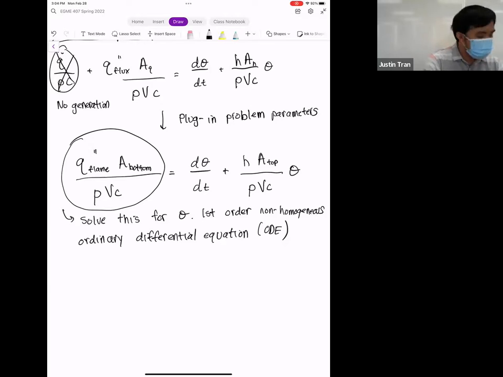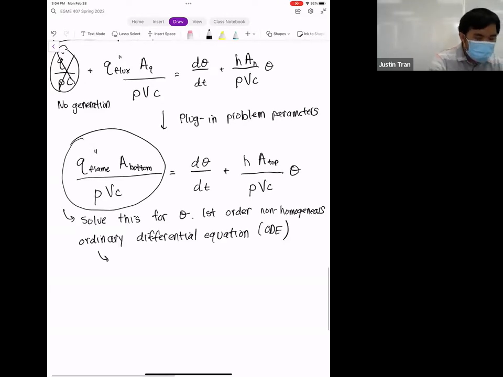Okay. And so if you remember from 308, or I think you covered this in Math 250A as well, there are a lot of different ways that you can solve these equations, but probably one of the first ones that you learned, which works well for this one, is integrating factor.